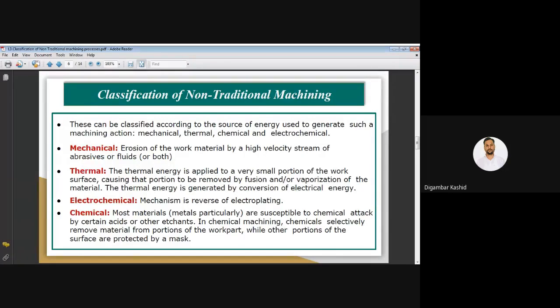Chemical advanced machining processes and biochemical machining processes can be used for the material whether it is electrically conductive or non-conductive.